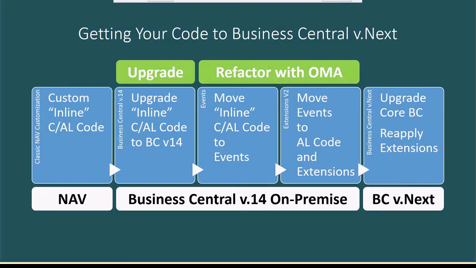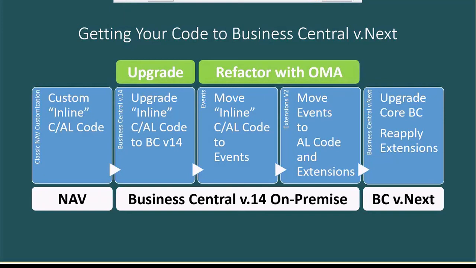Customers and partners ultimately are trying to get to a version of Business Central in which the underlying version can be upgraded at a moment's notice. I'm just generalizing by calling that version Business Central vNext, right? It just simply means at some point you're on some version and the underlying version is just going to update without thinking about it.